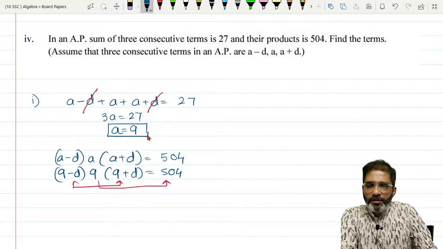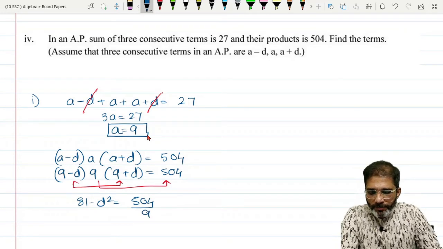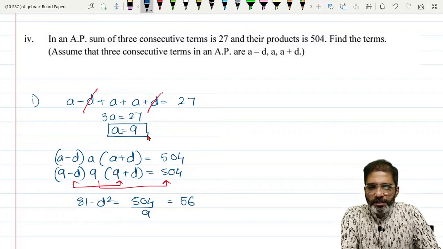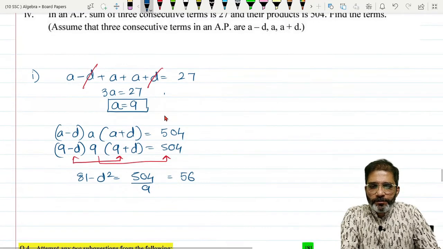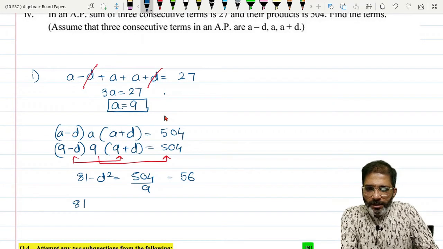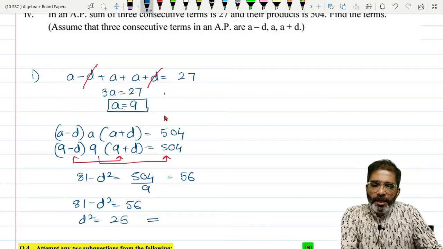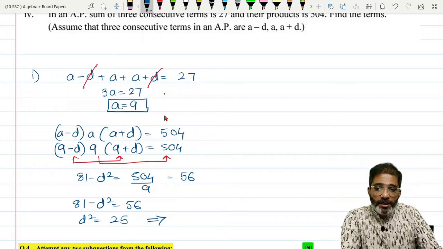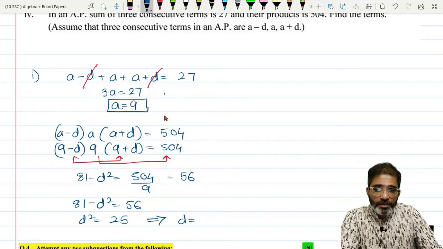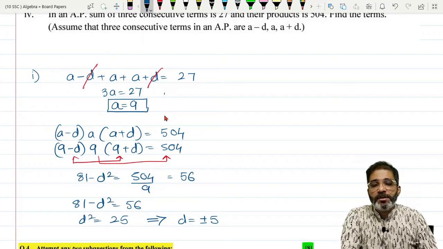So I'll get (a plus b)(a minus b) as 81 minus d square, and 504 when I divide by 9, I'm going to get 56. So that is 81 minus d square as 56. After shifting, I get d square as 25, and when you find the value of d, it is plus 5 as well as minus 5.